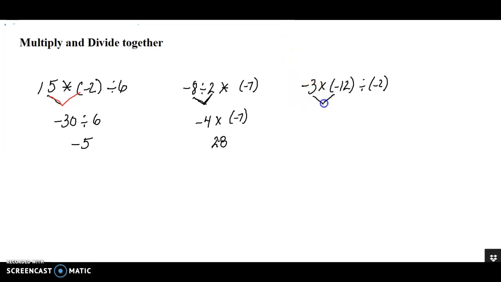When we multiply a negative 3 times a negative 12, we get a positive 36. And now we're going to take a positive 36 and divide it by a negative 2. And a positive 36 divided by a negative 2 will give me a negative 18.